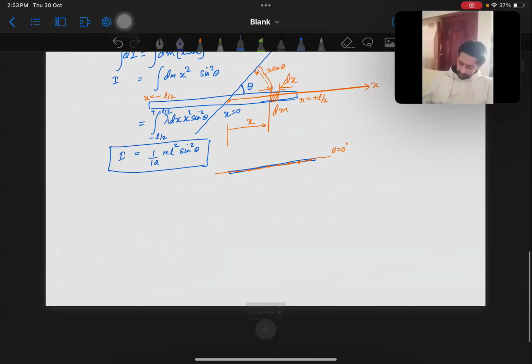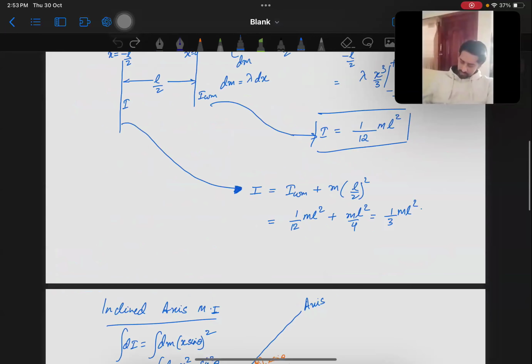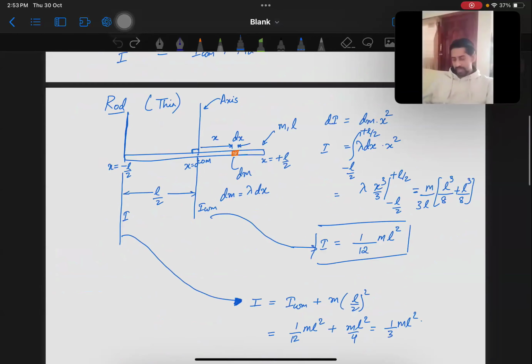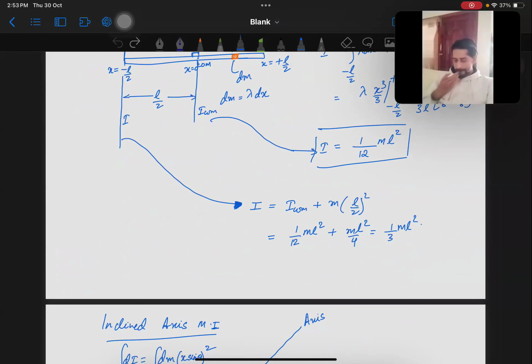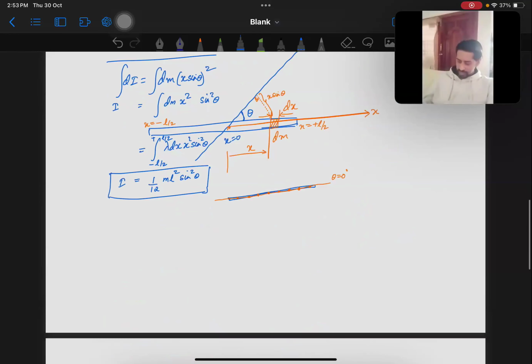And you can also go for the MI about an axis passing through one end and inclined at theta. The same proof you can do also. Here we'll just make a side note.